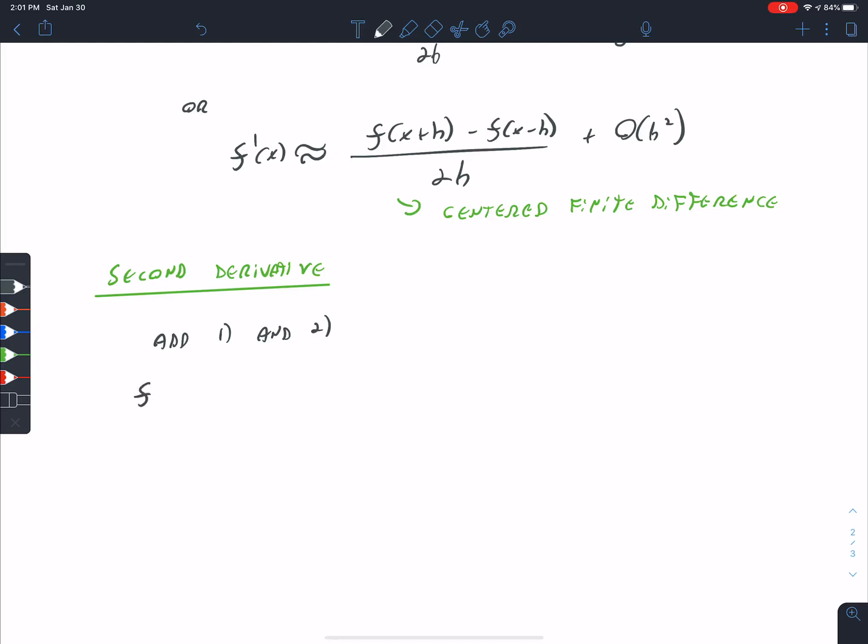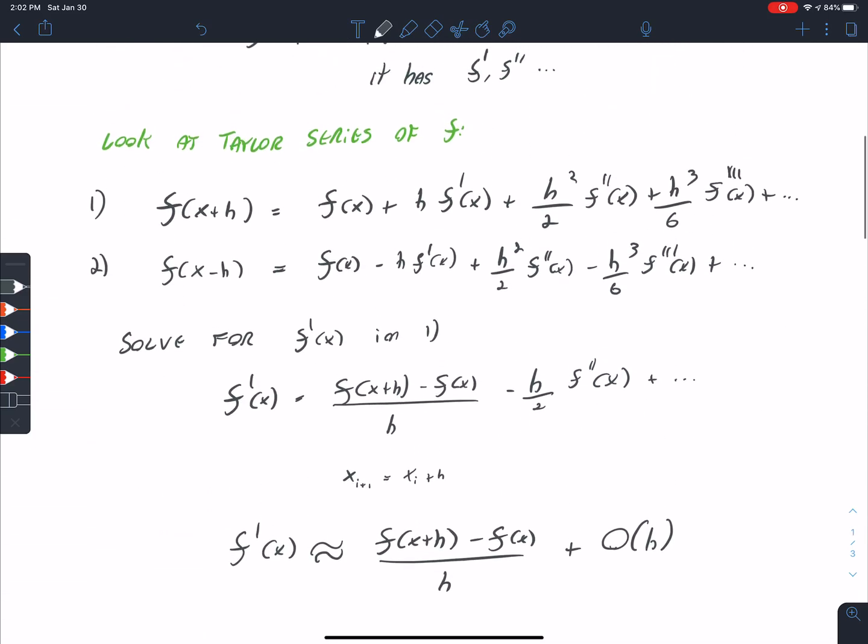We're going to end up with f of x plus h plus f of x minus h will be equal to 2f of x plus, right, the first derivative terms are negative with the positive, become 0, so we only have the second derivative term of x plus the third derivative one is also 0, right?